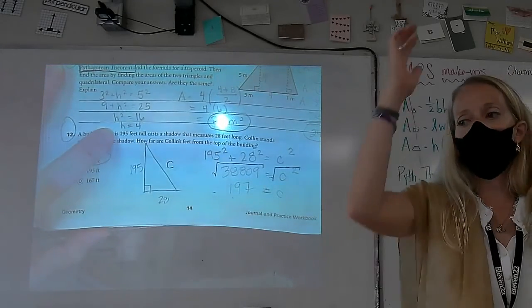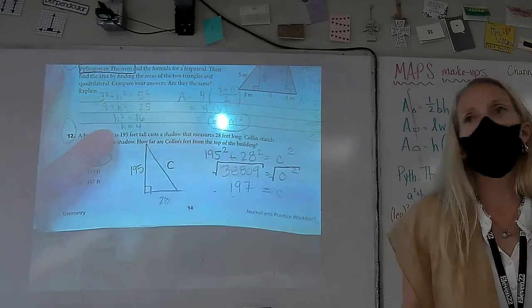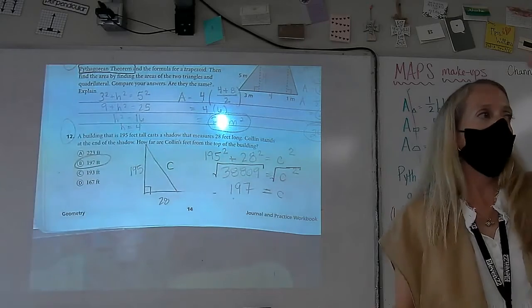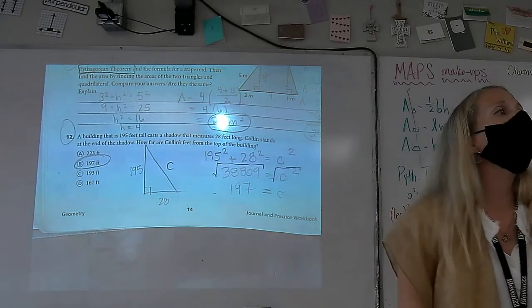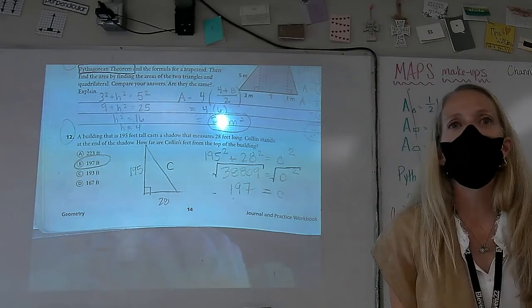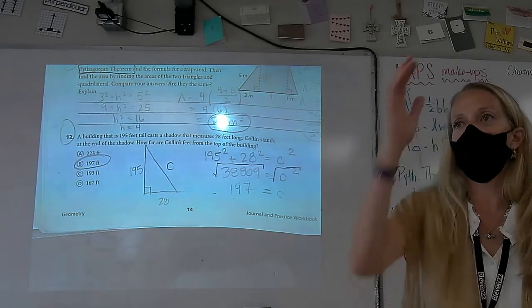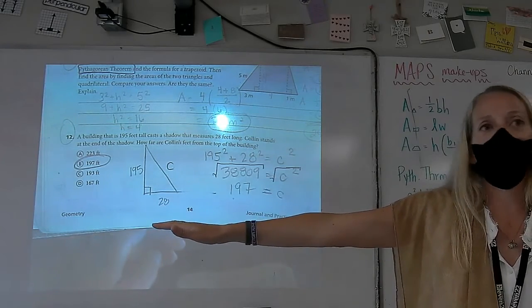Isn't a building always vertical? Yeah. Okay. Shadows, aren't they always on the ground? Okay, and isn't a building and its shadow always perpendicular? Yes. Now, I know there are exceptions like the Leaning Tower of Pisa. We're not talking about exceptions. Most of the buildings in the world are vertical. All shadows are on the ground, so they're horizontal, okay?